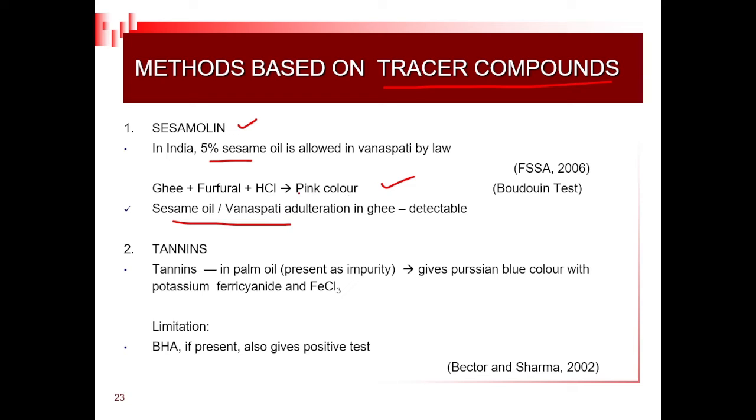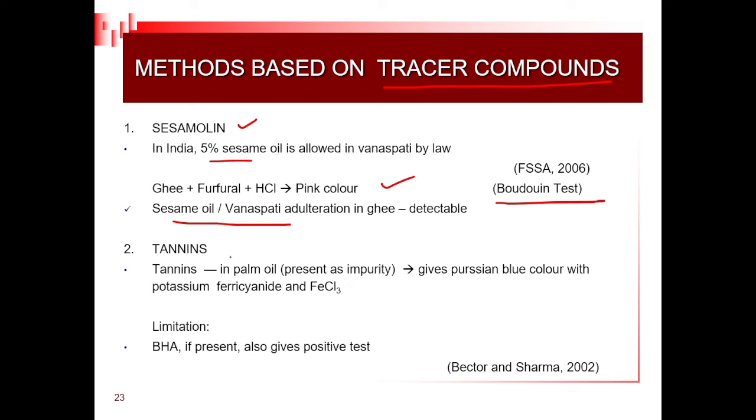So if a pink color is there at the bottom, then we would say that the ghee is adulterated with vanaspati. The name of this test is the Baudouin test.